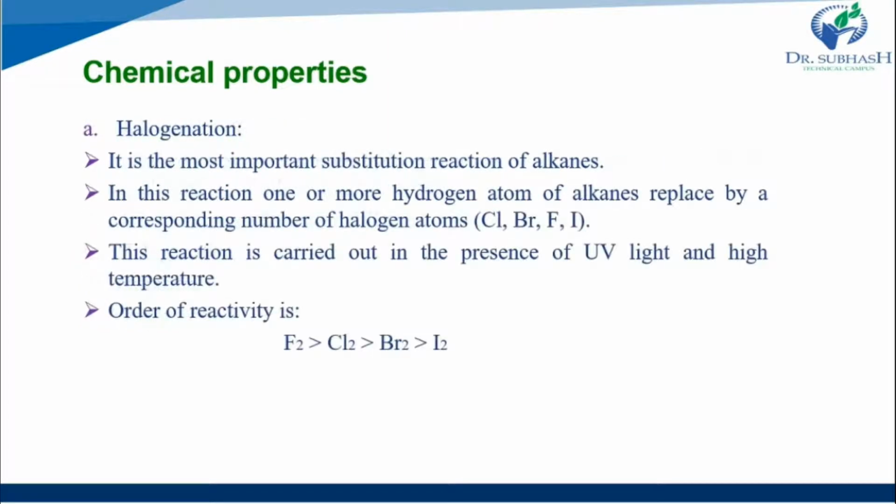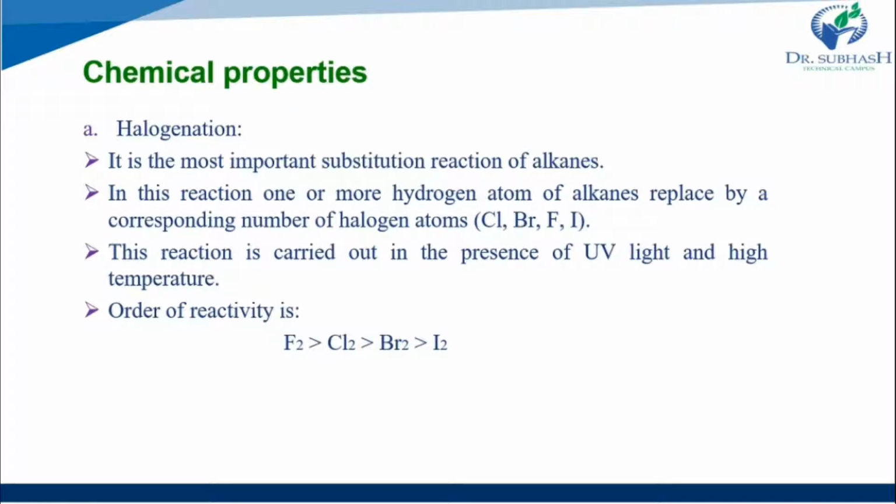Halogenation is the most important substitution reaction of the alkane. In this reaction, one or more hydrogen atoms of the alkane are replaced by the corresponding number of halogen atoms, that is chlorine, bromine, fluorine, and iodine.